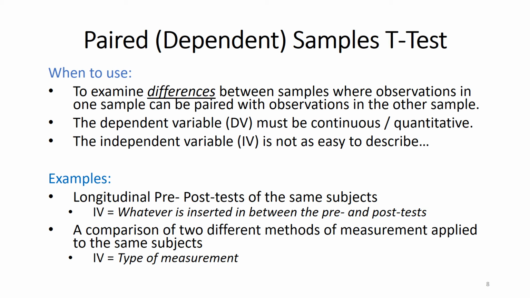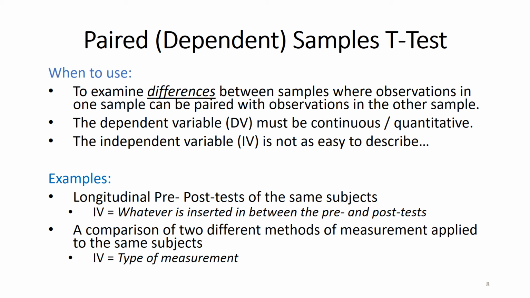The first example is that we might design a study with a longitudinal pre-test, post-test of the same subjects. When you take our research methods course, you'll understand the idea of an experimental study with a pre-test and post-test, where we do a baseline of, say, how well you perform on a certain subject, then we send you to training to get you better in that subject, and then we do a post-test to see, have you gotten better?